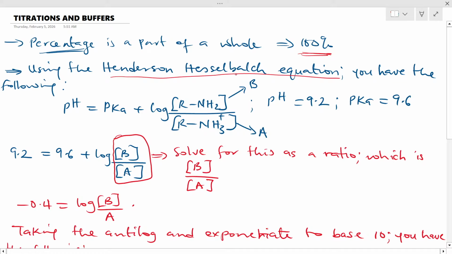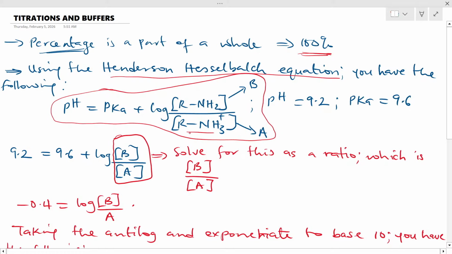So when you bring out the Henderson-Hasselbalch equation, you have pH equals pKa plus log the base, which is your conjugate base, over your acid. So in that reaction we saw previously, this is the acid, the one giving off the H plus, and this is the conjugate base that is formed.